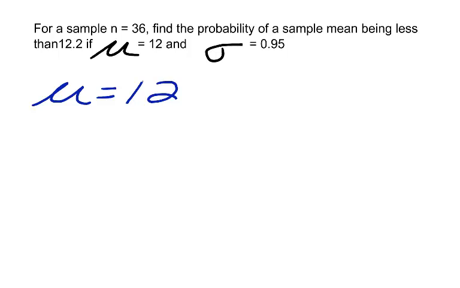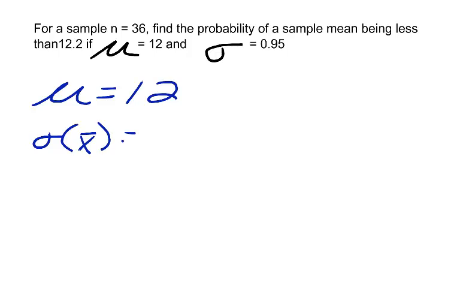We also need to find the standard deviation of sample means, which is usually referred to as the standard error. Again, that's found by the formula sigma of x bar.